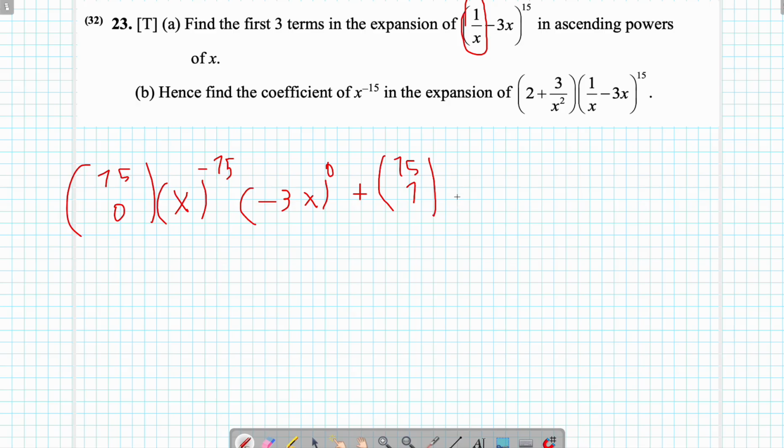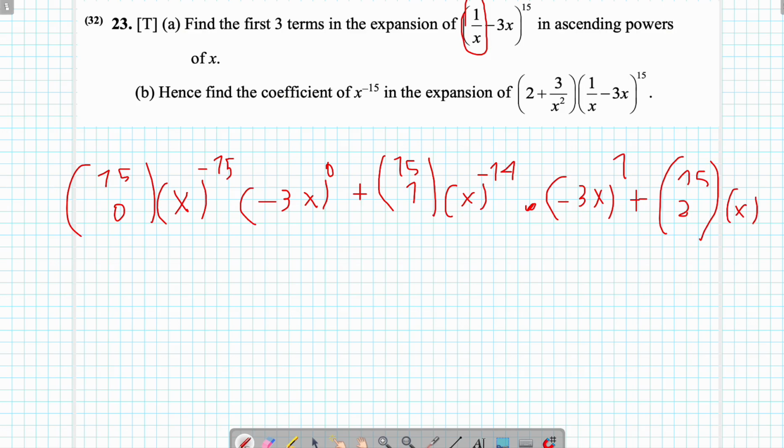So here 15c1, it would be x to the negative 14, times negative 3x to the 1, plus 15c2, x to the negative 13, times negative 3x all of it squared.